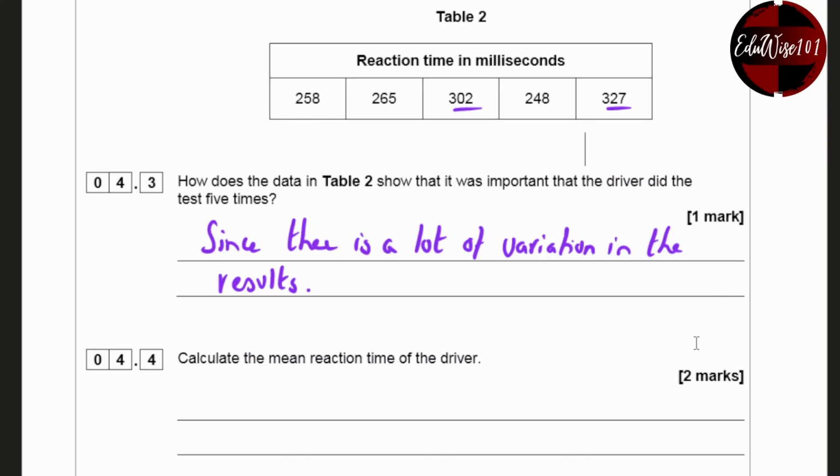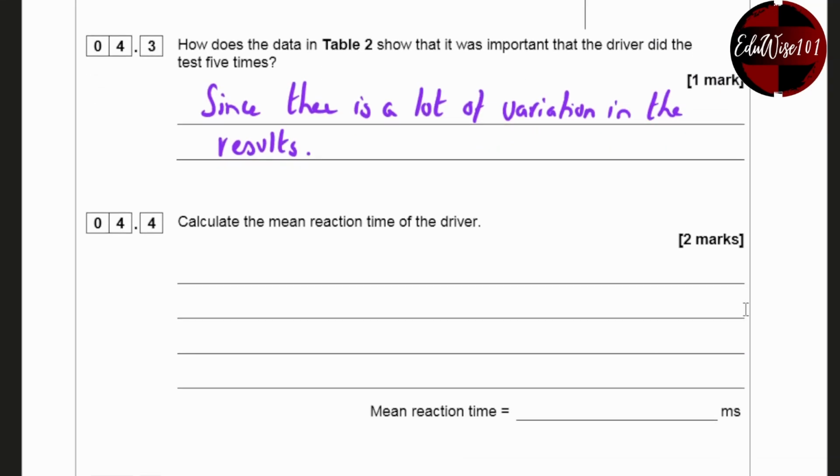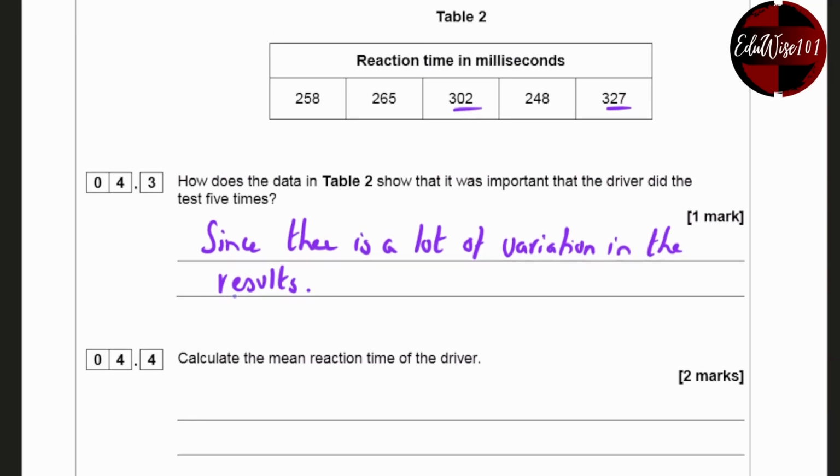Calculate the mean reaction time for the driver. So how do you calculate the mean reaction time? You add them up. So 258 plus 265 plus 302 plus 248 plus 327. You don't need to actually write the steps.